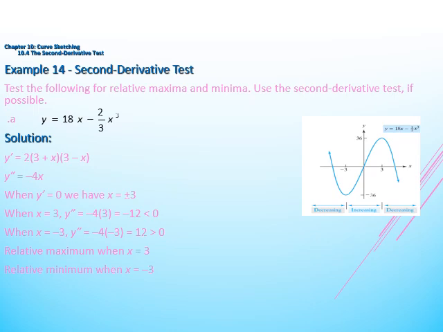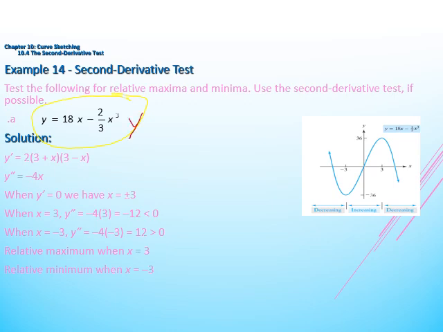The question is, test the following for the relative maxima and minima. Use the second derivative test as possible. If you have the function y equal to 18x minus 2 over 3 x to the power 3. First, we will get the value of the first derivative.